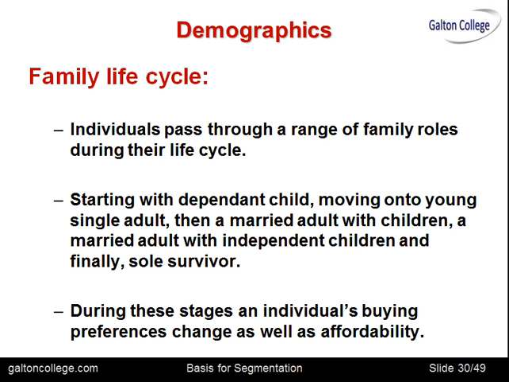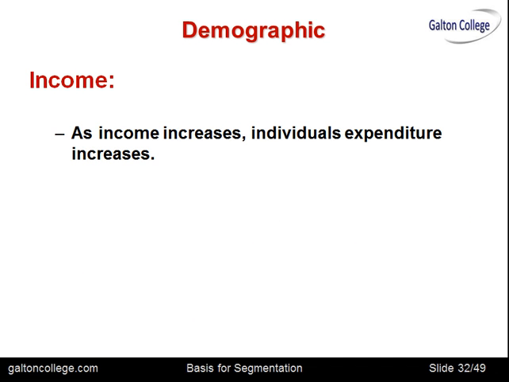So segmentation may be based on simply which part of the life cycle people are in. Could be based on income. As income increases, individuals' expenditure increases, generally speaking.